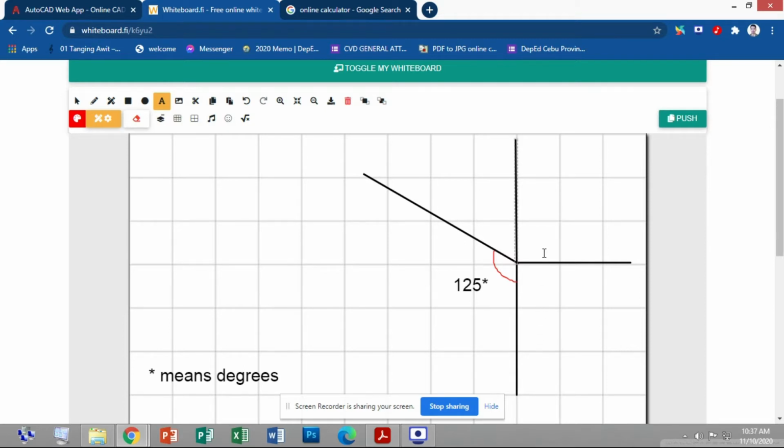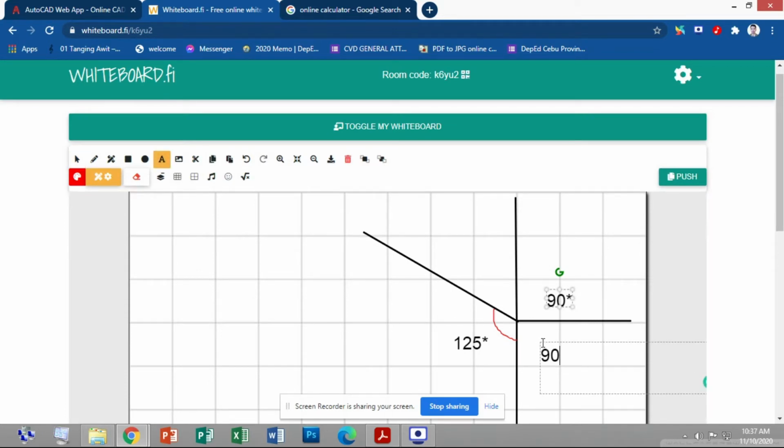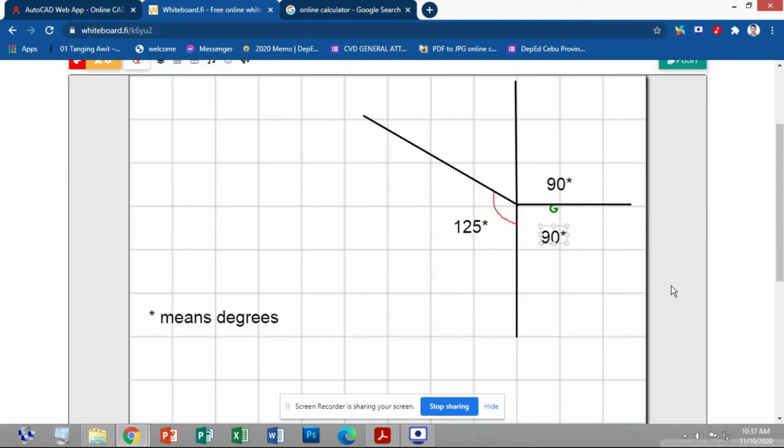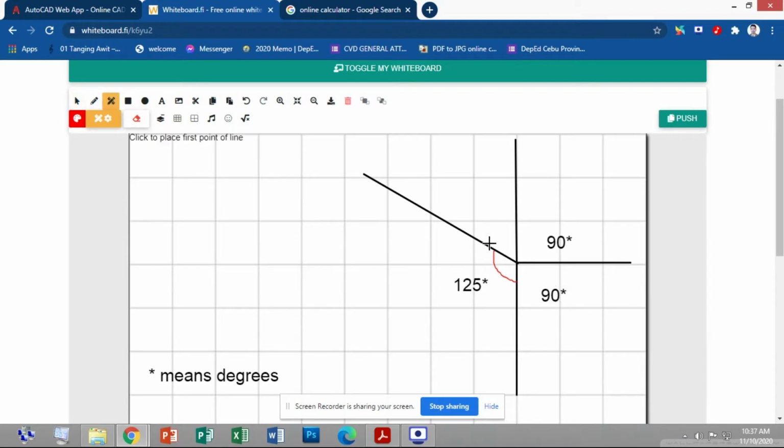So, divide into, kasi nga dito tayo nagsisimula, dito sa first quadrant, so meron niyang 90. 90 degrees. At dito rin sa ibaba, meron din niyang 90 degrees. Okay. Dalawang 90 degrees. Or should I put this symbol?